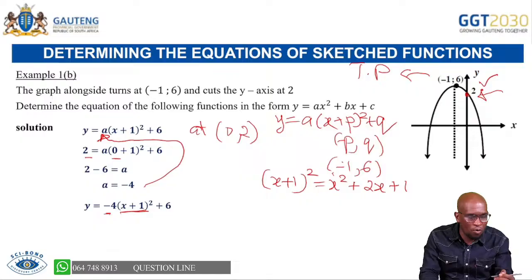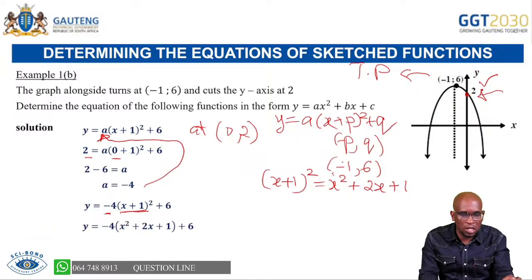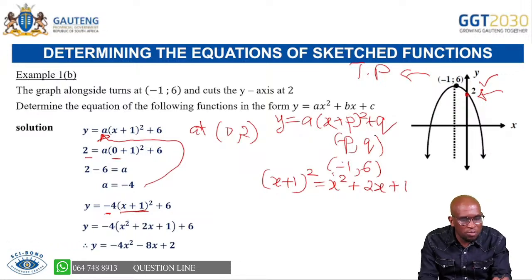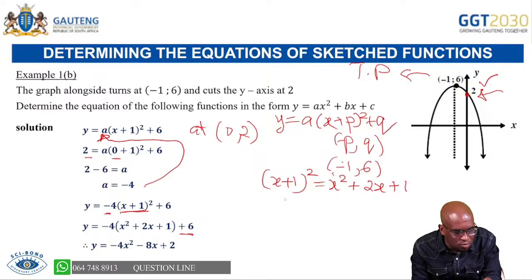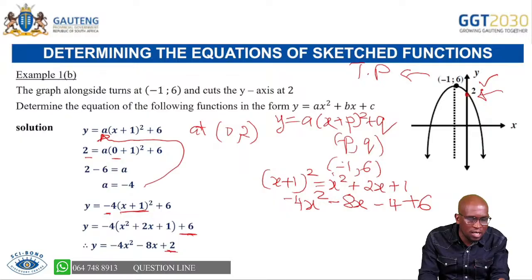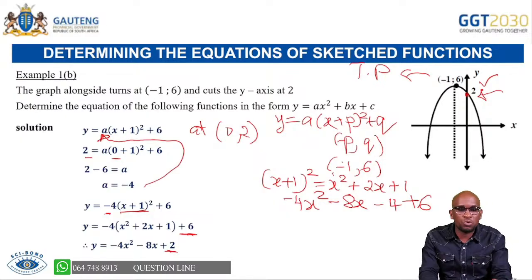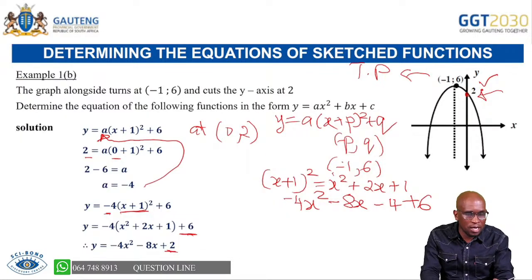You distribute the 4 and add 6: you'd get negative 4x squared minus 8x minus 4, plus the 6, which would give you positive 2. So you were successful in writing this as negative 4x squared minus 8x plus 2. That would be the equation of that particular parabola.